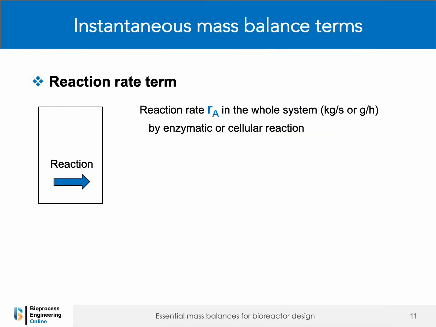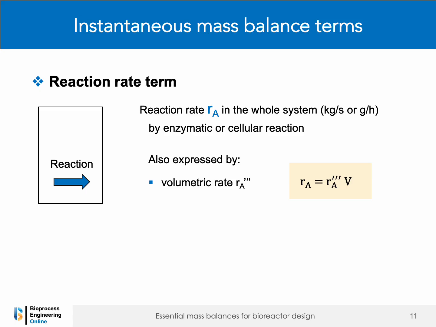The reaction rate term represents the rate at which component A is produced or consumed by a chemical, enzymatic, or cellular transformation. It is denoted by the overall reaction rate RA for the entire system, in kilograms per second or hour. This rate is often expressed as a function of the volumetric reaction rate, denoted by RA triple prime, which corresponds to the rate per unit volume of medium.